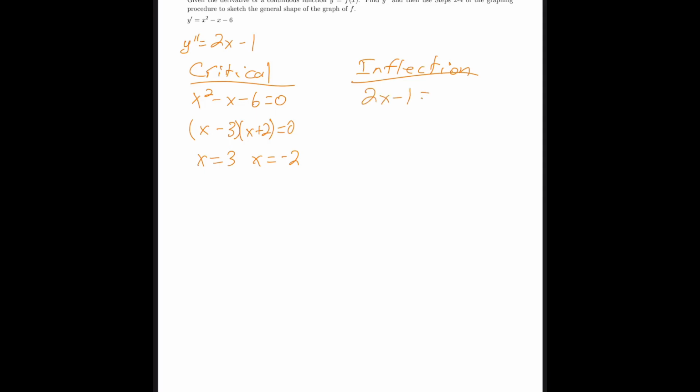And then we can find inflection points by setting the second derivative equal to 0. So add 1 to both sides, and you get 2x equals 1, divide by 2, and you get x equals 1/2.